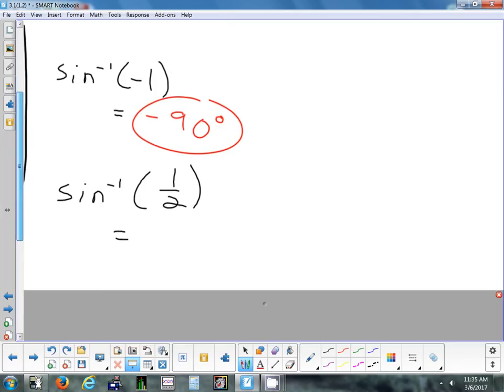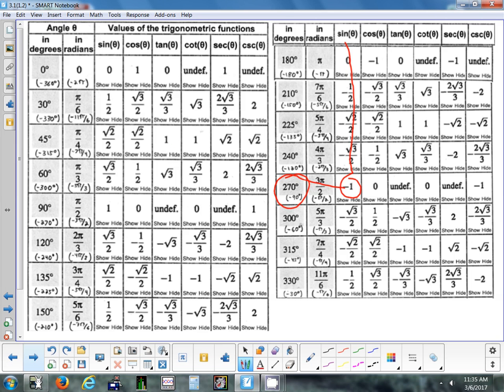All right, let's try inverse sine of 1/2. Okay, inverse sine of 1/2. Now, as you go down the sine column, how many rows does the number 1/2 appear in?